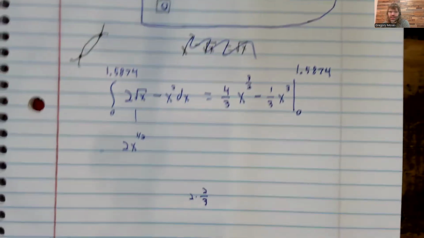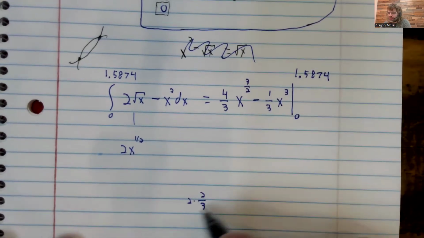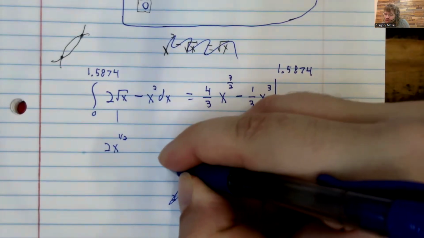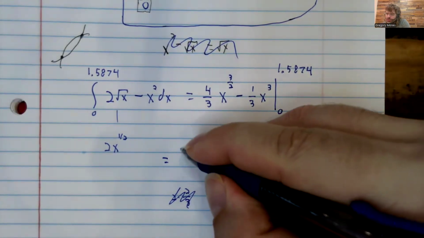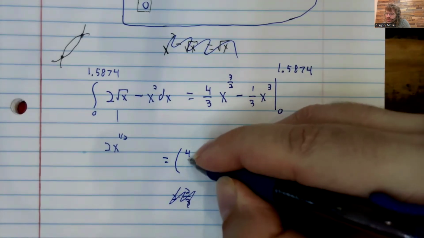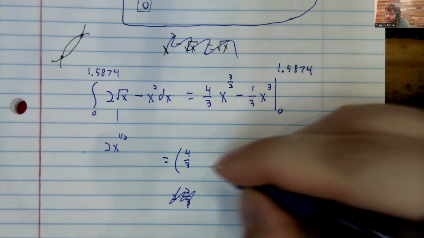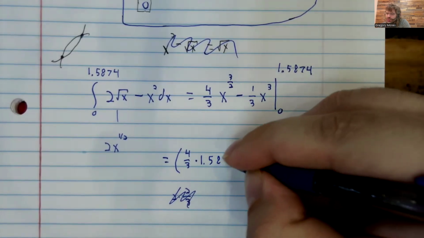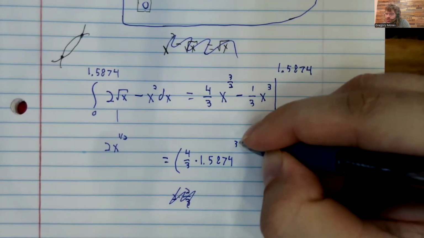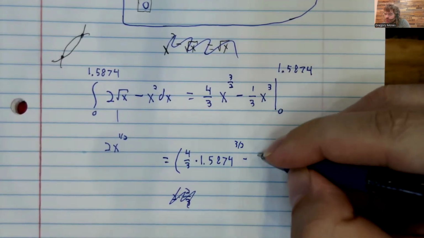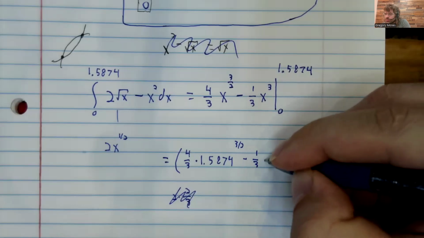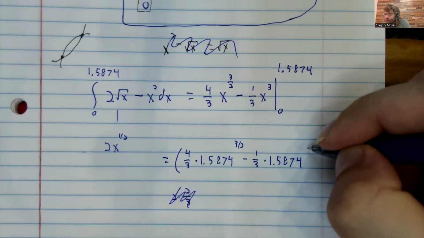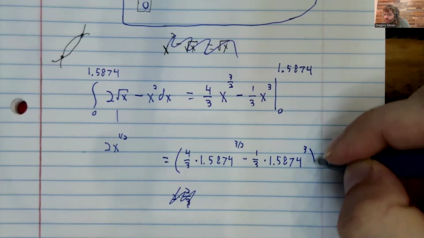And now the least pleasant part of this problem isn't the calculus. It's just going to your calculator and typing in 4/3 times 1.5874 to the 3/2 power minus 1/3 times 1.5874 cubed.